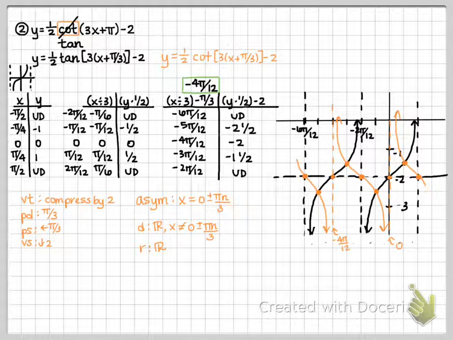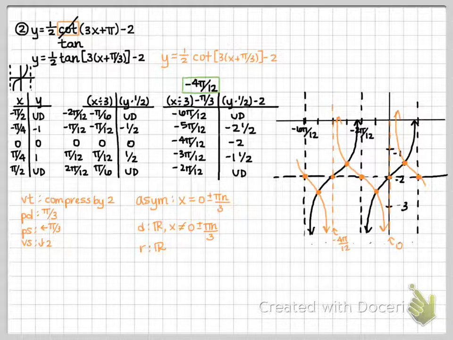And if you take a look at the orange curve, it's decreasing everywhere except for the asymptotes. So for decreasing, I would write the exact same thing as the domain. Everywhere, so all real numbers, excluding the asymptotes.